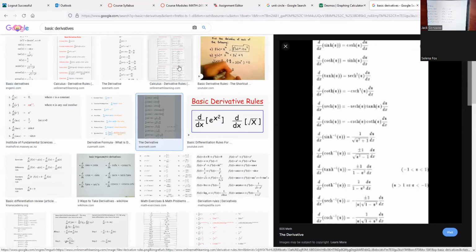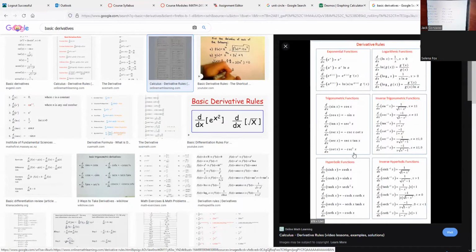Those are hyperbolic. And here we go. I'll send you a sheet kind of like this, but with more stuff on it. Derivative of sine is cosine. Derivative of cosine is negative sine. Secant. Yeah, we're good. We're good.